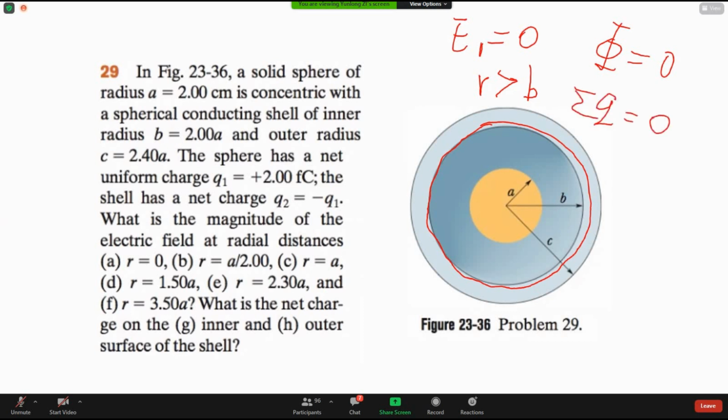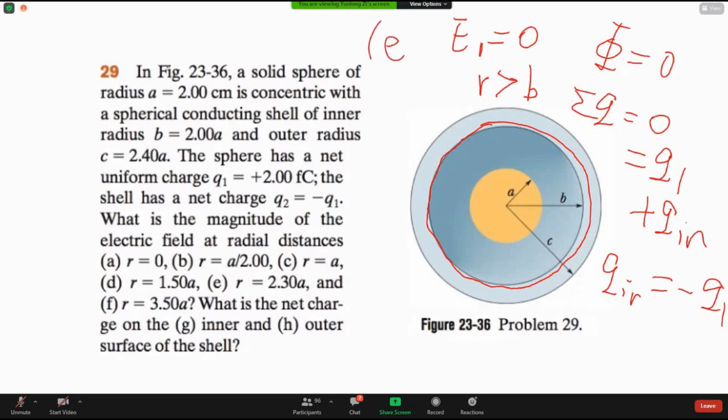This enclosed charge means Q1 plus the charge Q on the inner surface, so the charge on the inner surface is just equal to minus Q1. So that is the solution for E.